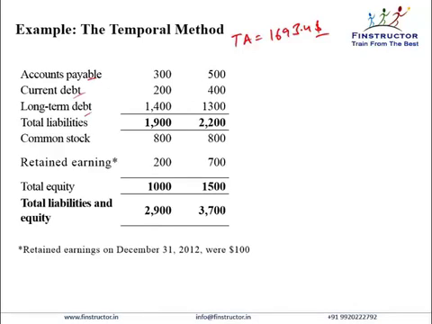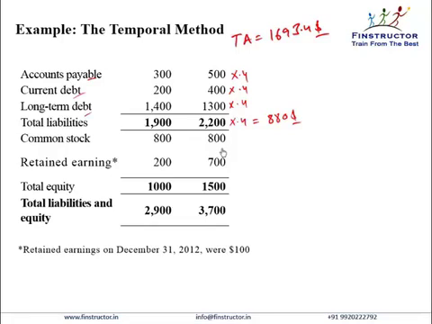They will be translated at the current rate, that is $0.4 per GBP. So we'll multiply this simply by 0.4. Since each account is multiplied by 0.4, the total current liabilities or total liabilities will also be multiplied by 0.4. That will be $880. The common stock would be translated at the historical rate applicable.